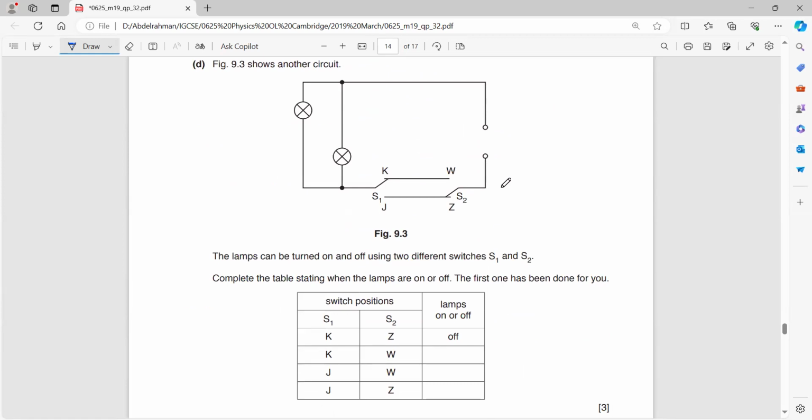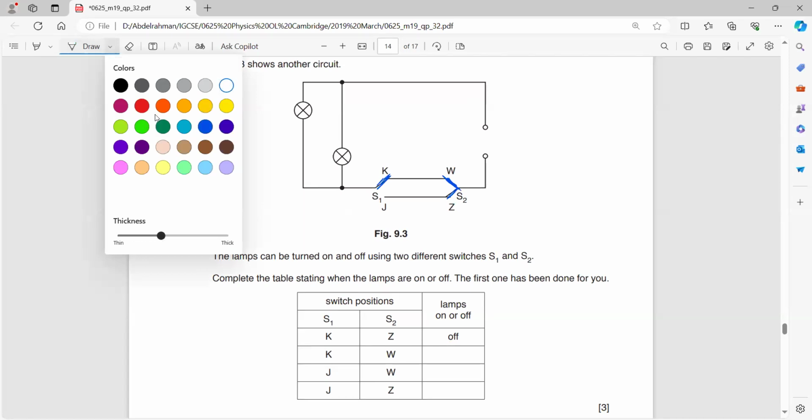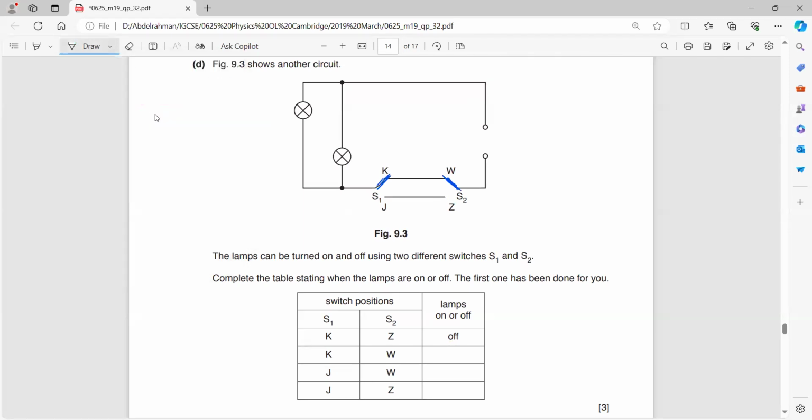Lamps can be turned on and off using different switches S1 and S2. Complete the table stating when the lamps are on or off. If S1 is at K and S2 is at Z, the lamps are off. If S1 is at K, but S2 is now moved to W, what will happen?